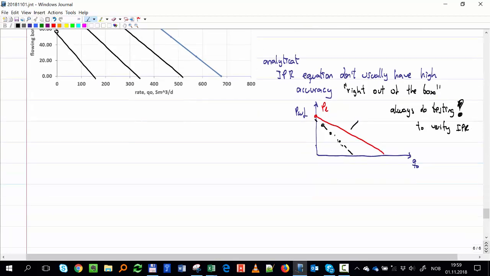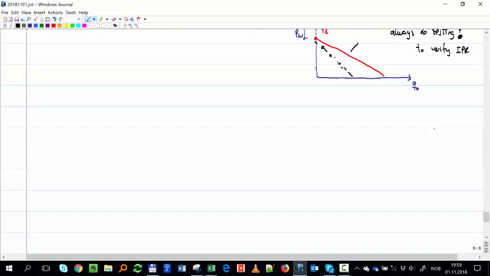In the time we have, let's talk about this S factor, okay, that I took here. S is called skin, okay, and skin refers really to flow impairment.